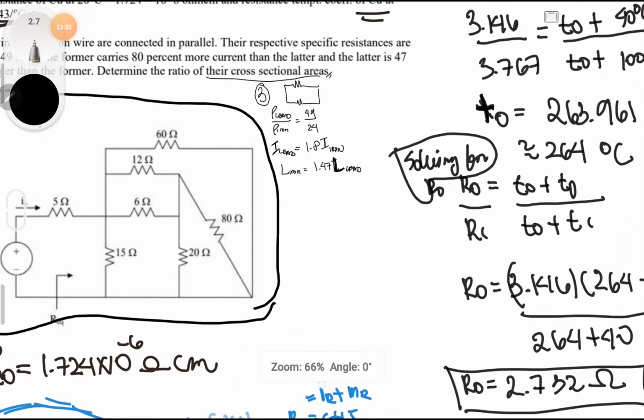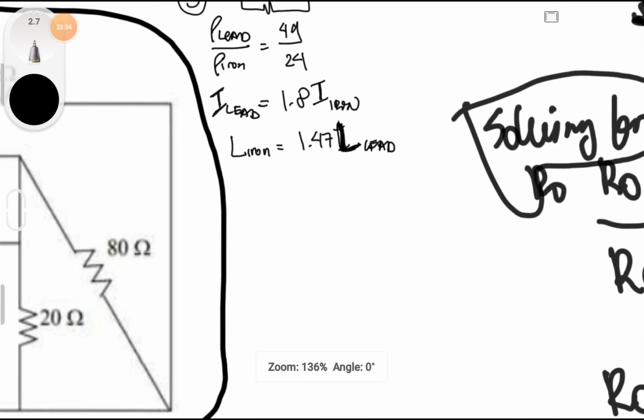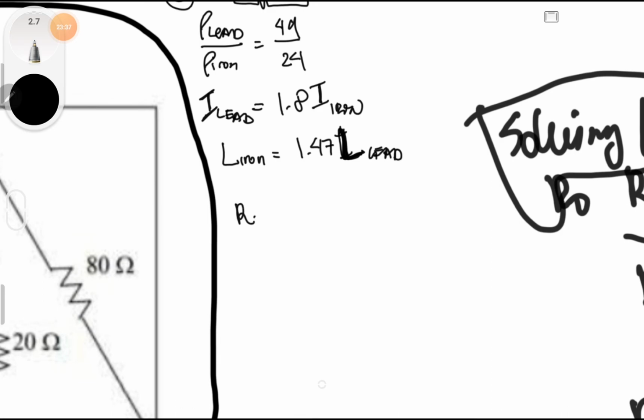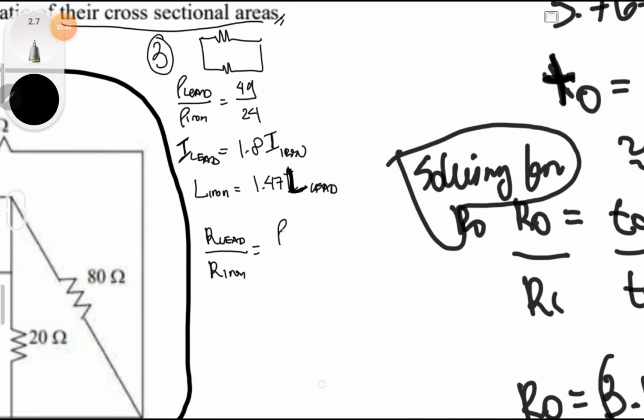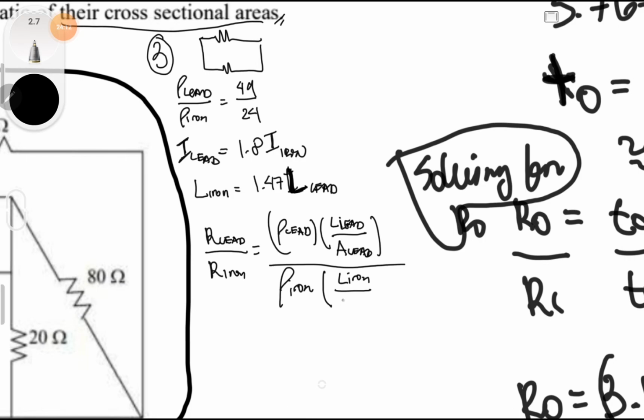Okay. So mag-initialize tayo. So we have R lead over our R iron is equal to rho lead multiplied by L lead all over our A lead, divided by rho iron multiplied by L iron all over A iron.